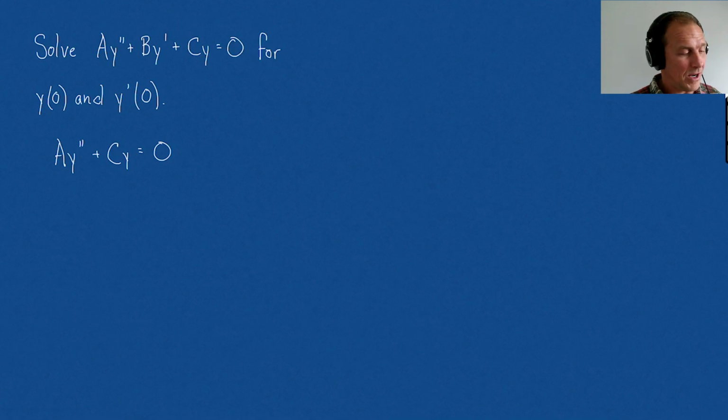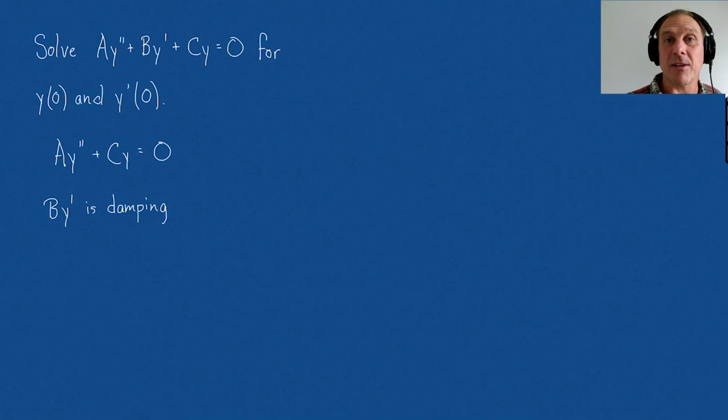Well, now it's only natural to have that by prime term, and the by prime is damping. So ay double prime is the effect of the mass, cy is the effect of the spring itself, and by prime is damping on the system.